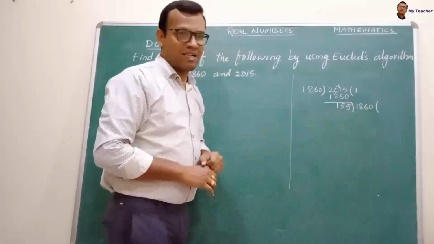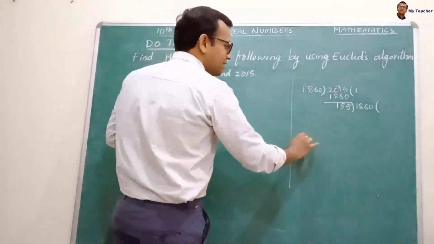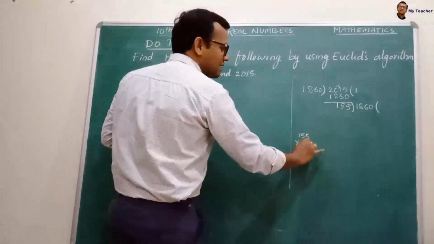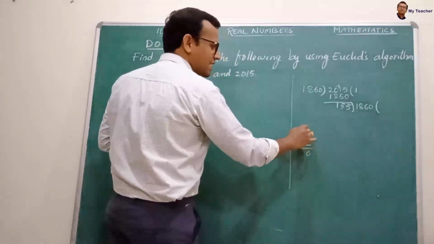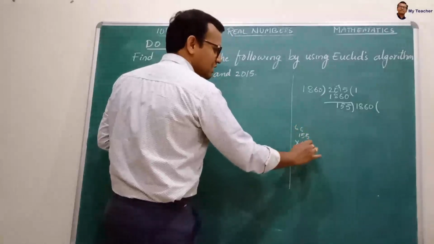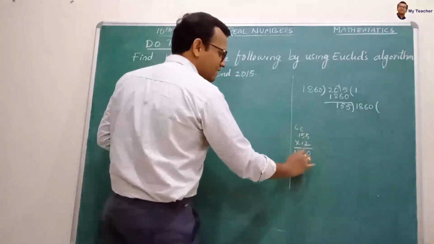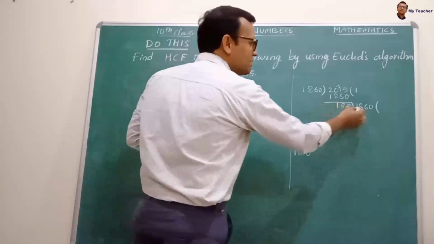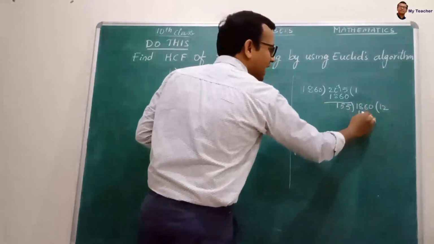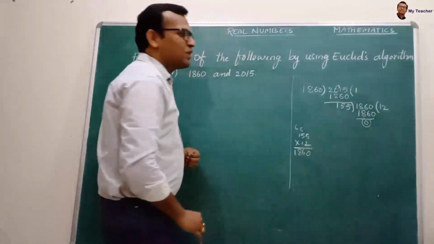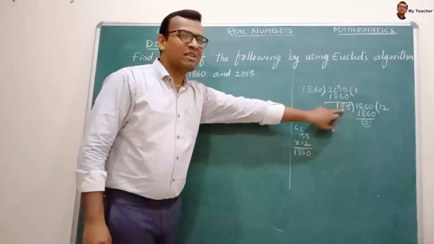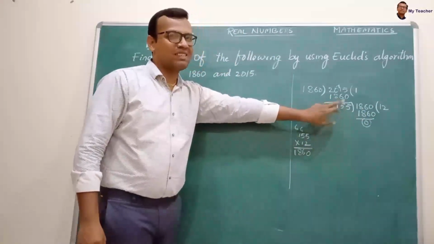It is less than that, so you try 155 twelves. 12 fives are 60, plus 6, 66. 12 ones are 12, plus 6, 18. So 155 twelves are 1860 and the remainder is 0. So the HCF will be 155.